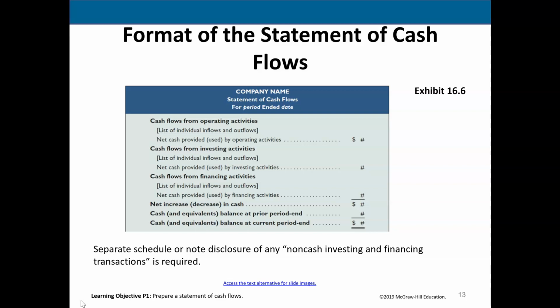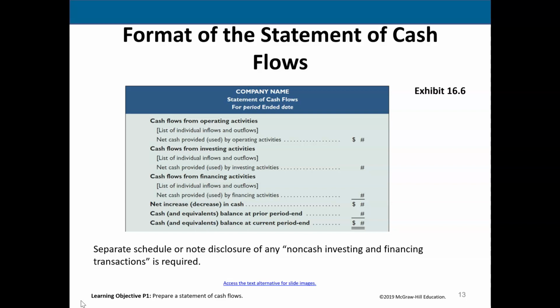And then you'll get a subtotal, which is either net cash provided or net cash used by operating activities. If your inflows are more than your outflows, you will have net cash provided. If your inflows are less than outflows, that means you spent more money than what came in.